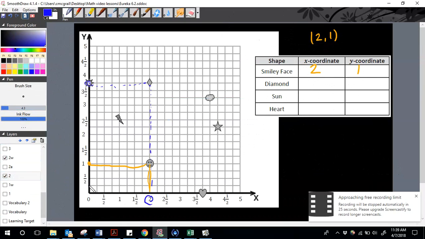So I need to find out what each value here is. And since it takes 4 squares to get to a whole number, I know that each one is a fourth. So this is going to be 3 and 2/4. So this is 3 and 3/4. So it's 2 and then 3 and 3/4. Let's find the other two, and we'll talk about this after the lesson.